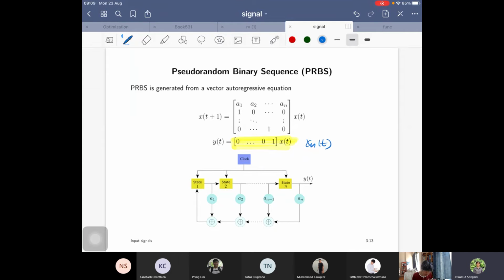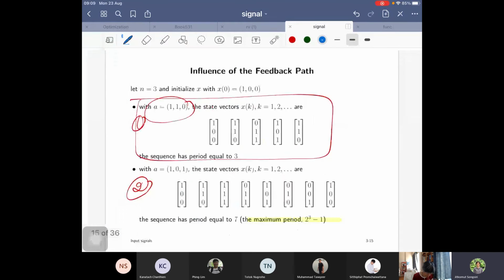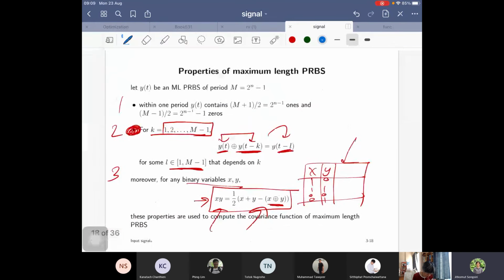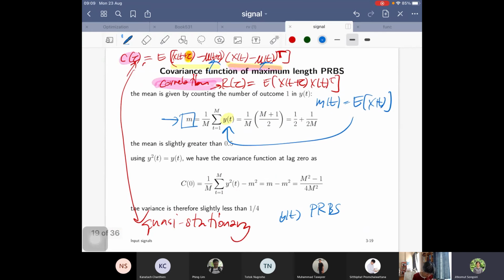All right. So y_t is a scalar. Now come back here. So your y_t is either 0 or 1, okay?